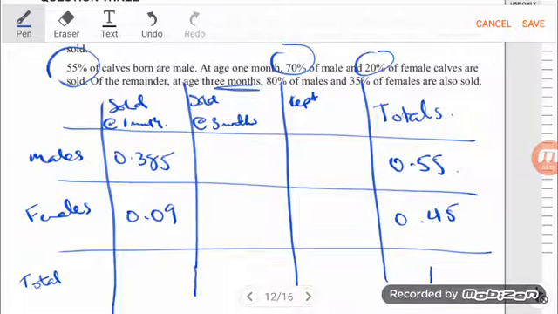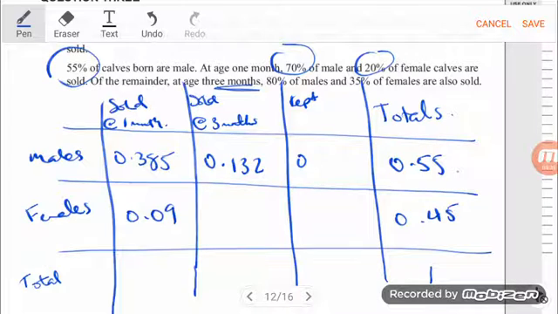So we've got to go 0.55 minus the ones that we've already sold, which is 0.385. 0.55 minus 0.385 gives us 0.165. Now that is still not what we want. We need to multiply this new amount by 0.8 or 80%. Okay, that gives us 0.132.